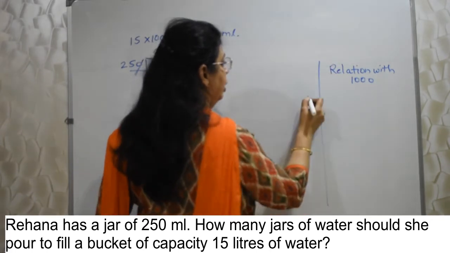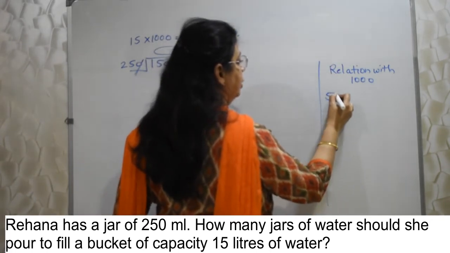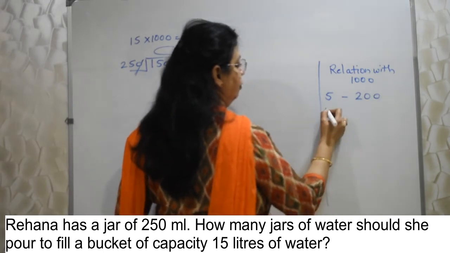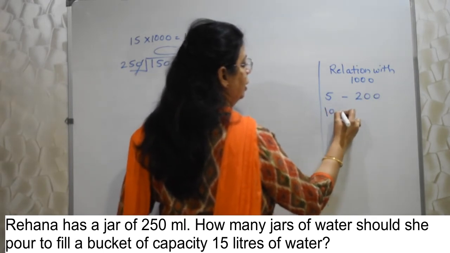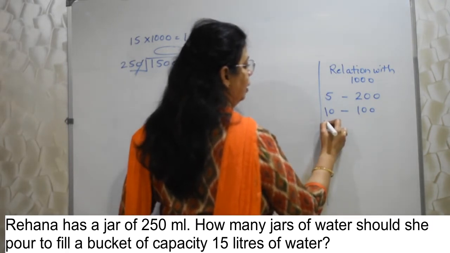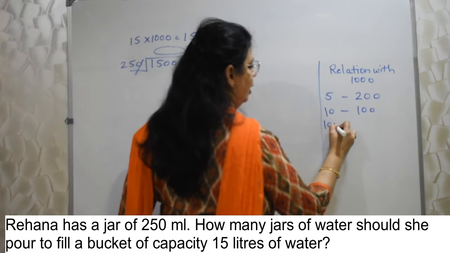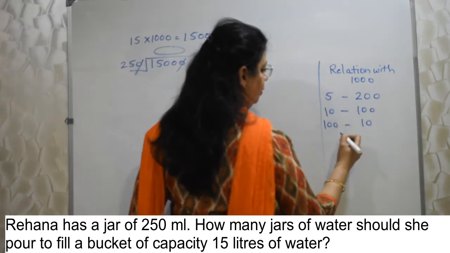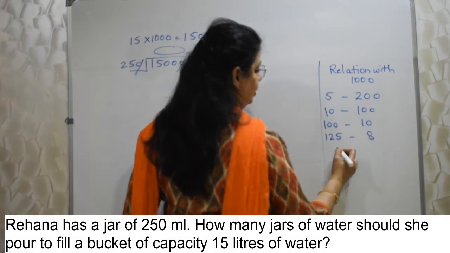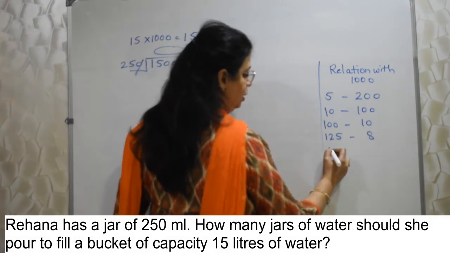If it is 5, the relation is of 200. If it is 10, the relation is of 100. If it is 100, the relation is of 10. If it is 125, the relation is of 8. I will explain what it means.